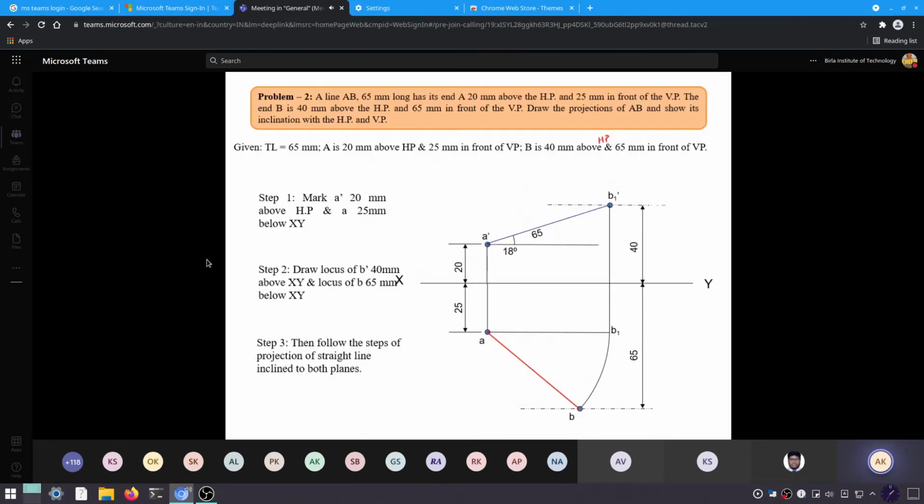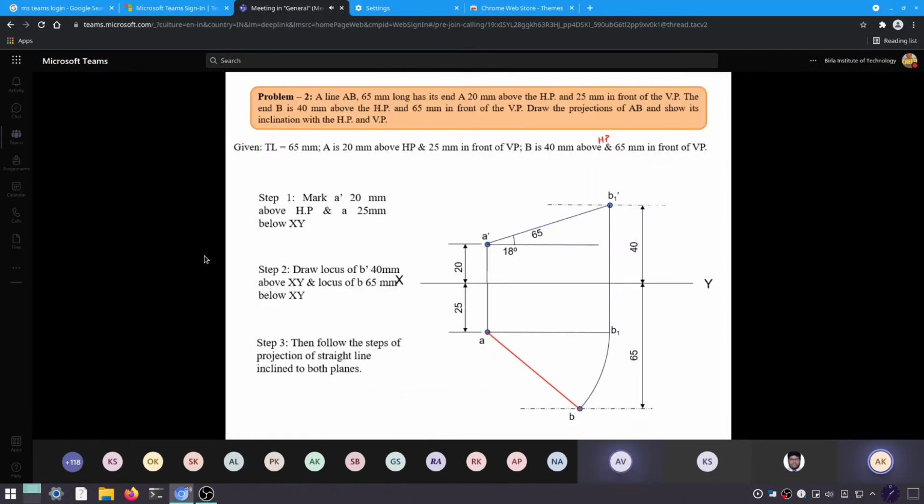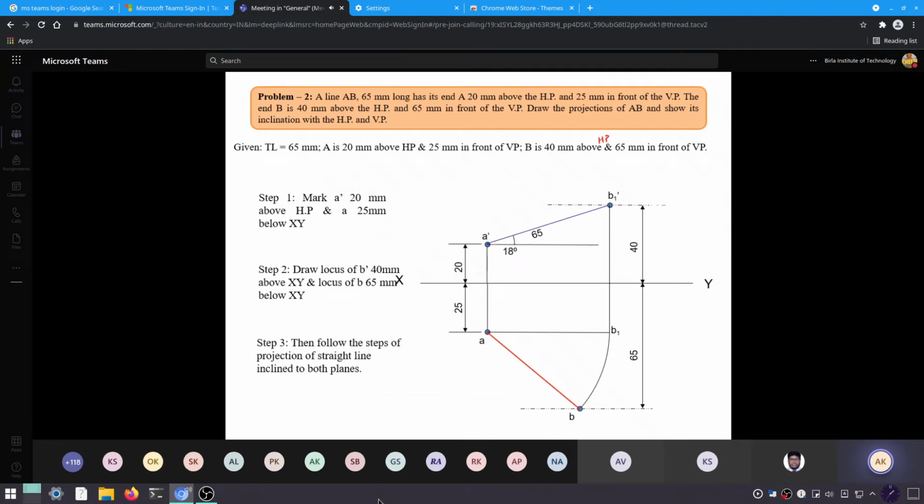Up to this point it is clear? Then we apply our knowledge that our end projectors lie between the same parallel lines, right? We know the location of A dash.